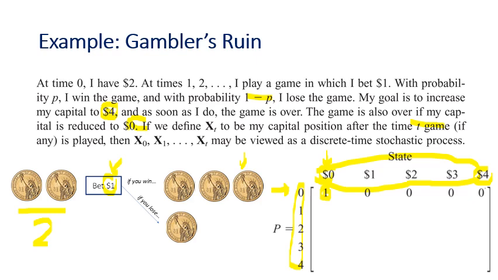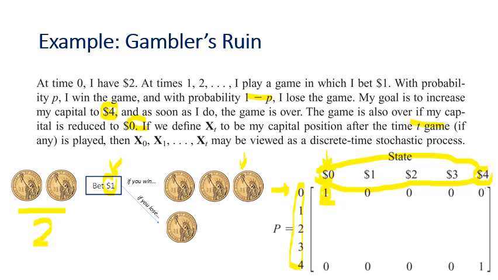That's why the probability is 1. And the same thing from t plus 1 to t plus 2: the money that you have in your hand is still $0. That's why the probability is 1, because once you lose, you cannot play the game anymore. You cannot get any money from this game.